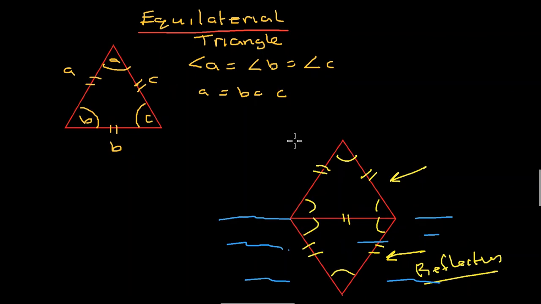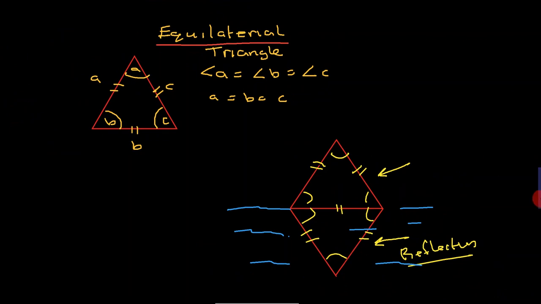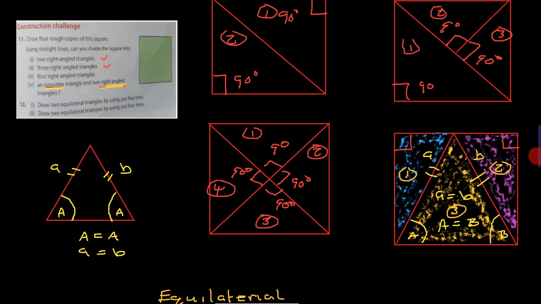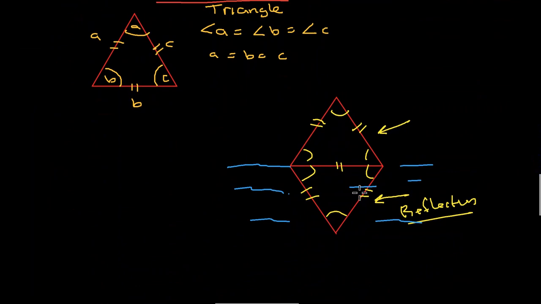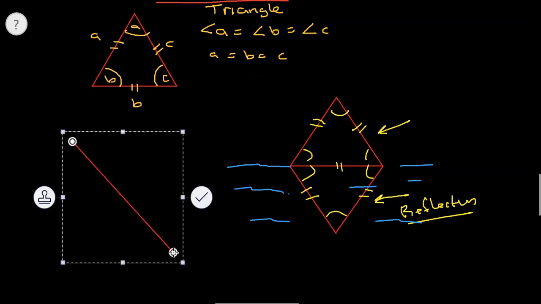So the next one then, what they ask you to do is to draw 2 equilateral triangles by using just 4 lines. So we want to get the same kind of setup as this, but we want to use just 4 lines. So how might we go about doing that? A way that I would do it is like this. So imagine you have this line here. I'm going to copy this.